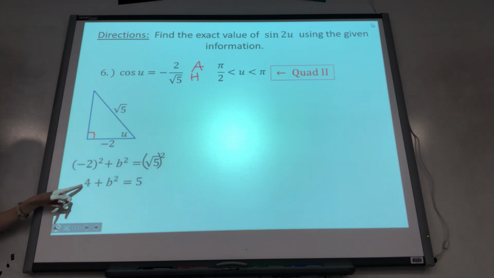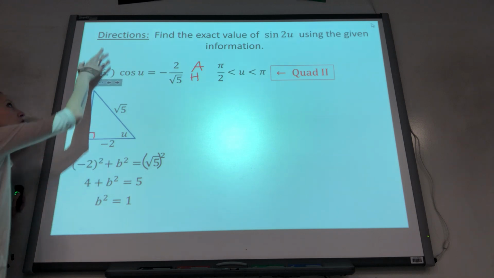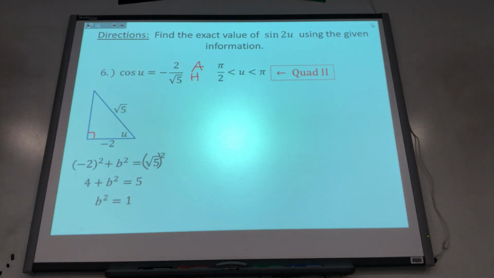Turns positive. So make sure you do that. But then you do have to subtract the 4 and square root both sides. If we're in quadrant 2, should this side be positive or negative? Positive. So look out for that. Again, it depends on the quadrant that you're in, but for this problem we needed it in quadrant 2, so that side should be positive.